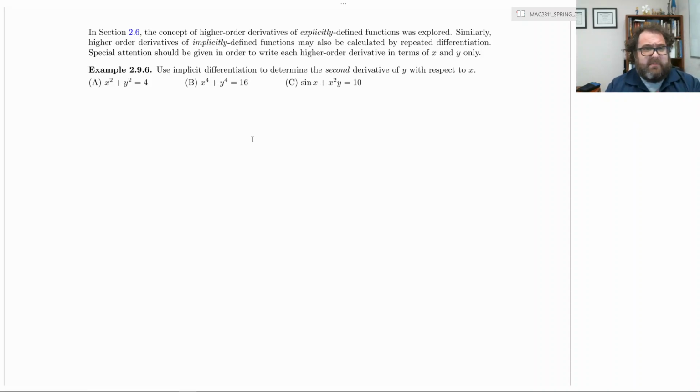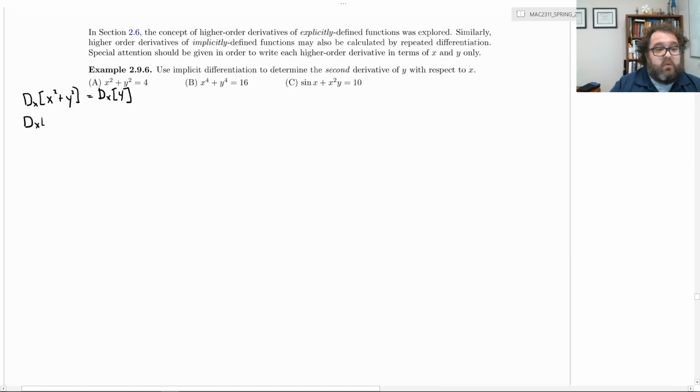So this is very similar to the example we worked at the start of this section, where we considered a circle of radius 5. So the implicit derivative, the first derivative that is, we take the derivative with respect to x of both sides of the implicit function, which of course then we can take the derivative of each term on the left individually.